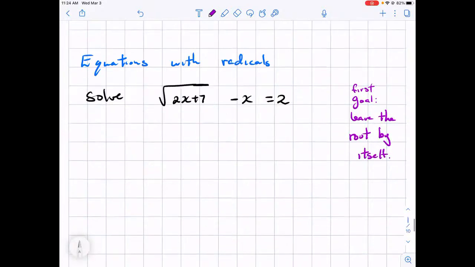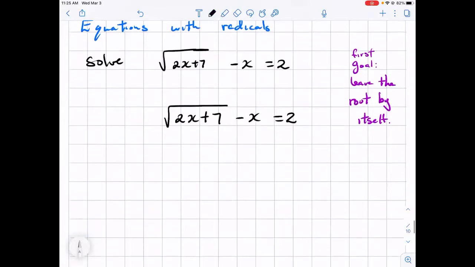So if we have the square root of 2x plus 7 minus x is equal to 2, what I'm going to do is add x to both sides.